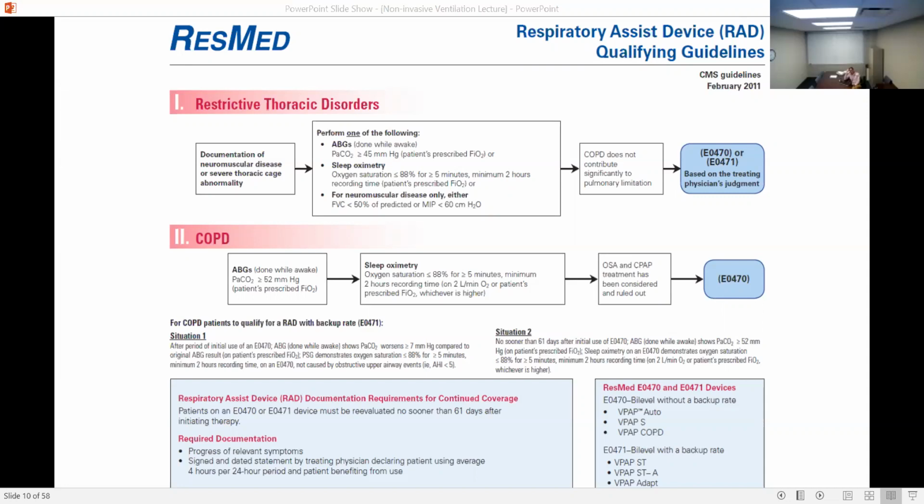And then, as you can see, depending on how they do, there are two different situations where you can get one of these devices.